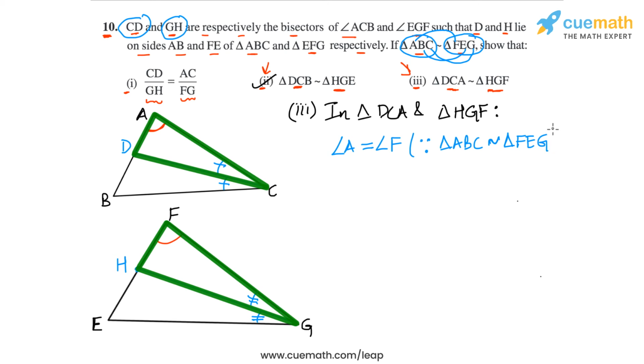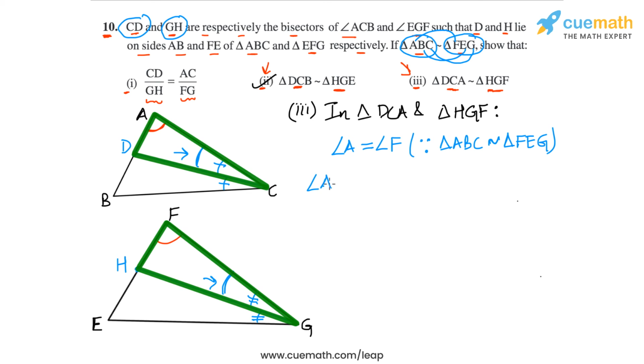Triangle ABC is similar to triangle FEG, correct? And also this angle ACD will be equal to this angle FGH, because these two angles are halves of angle C and angle G respectively. So just like we did in part 2, these two angles will also be equal.